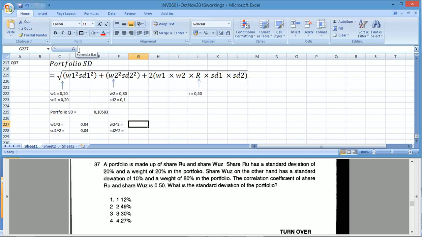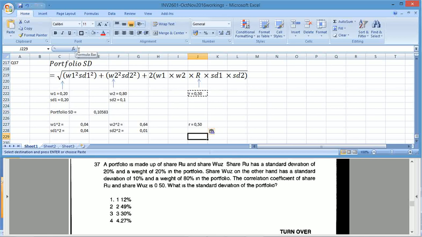Share W, on the other hand, has a standard deviation of 10, so 0.1 times 0.1, and weighting of 0.8 times 0.8. Okay, gives me this. And then the correlation coefficient is 0.5. Yeah, that's right. And then R is that.